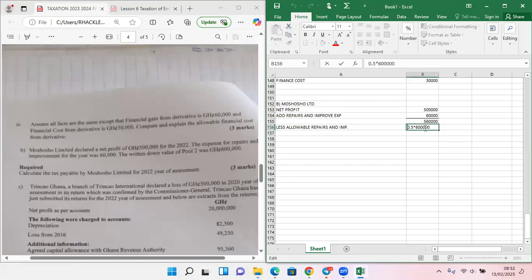It is the allowable one, so we less it. That gives the taxable income.